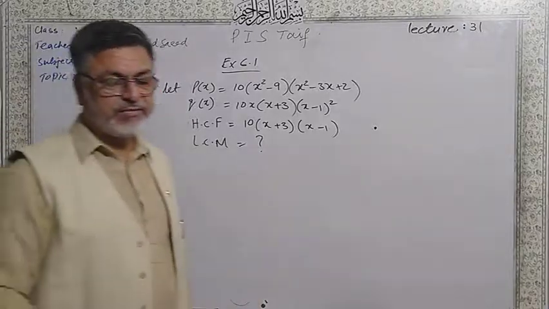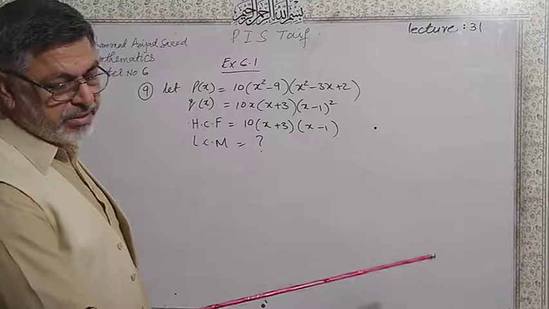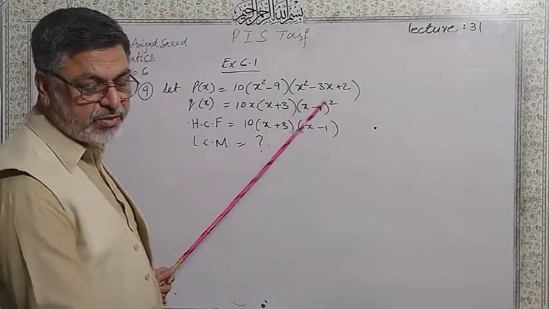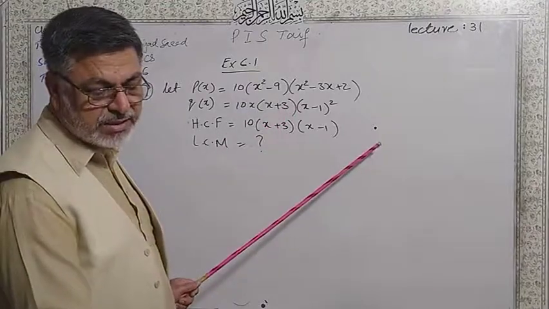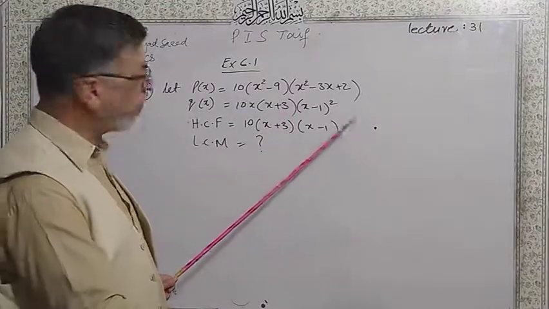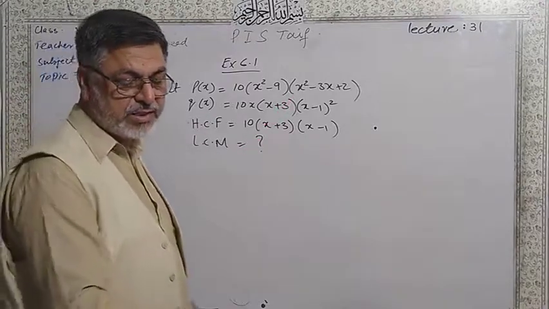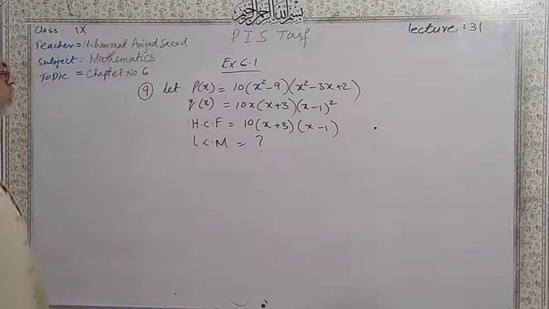We have to find the value of LCM. P of x is 10 into x square minus 9 into x square minus 3x plus 2. Q of x is 10x into x plus 3 into x minus 1 square. HCF of P of x and Q of x is 10 into x plus 3 into x minus 1. Find LCM. Okay, the statement is correct.